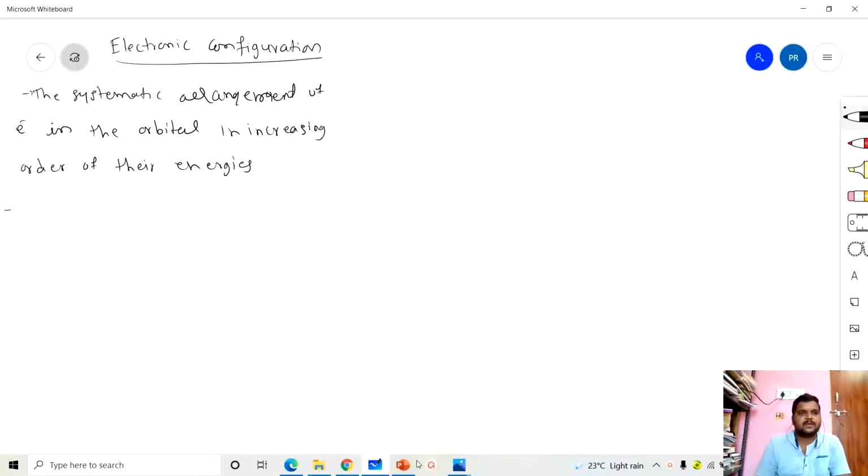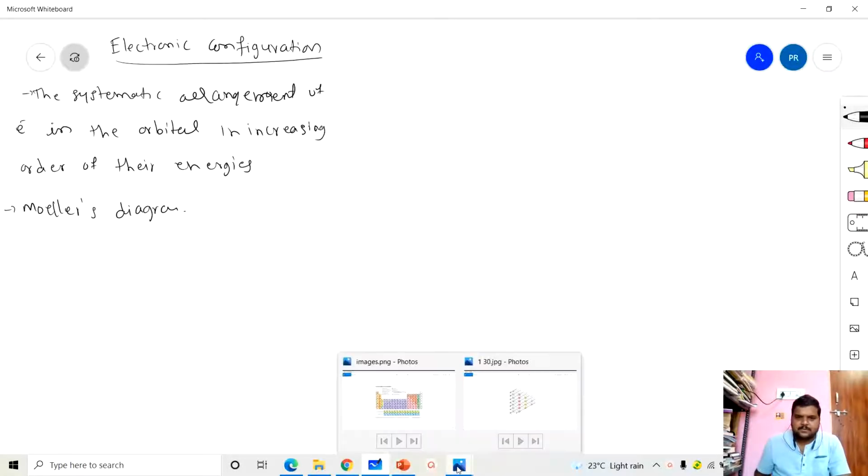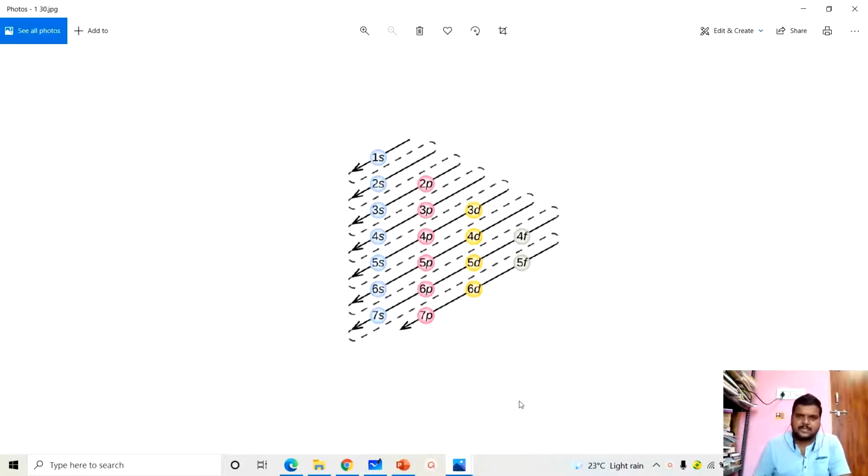How can we explain those energies? For that purpose we have taken Aufbau diagram. See 1s, 2s, 3s, 4s, 5s, 6s, 7s, 2p, 3p, 4p, 5p, 6p, 7p, 3d, 4d, 5d, 6d, 4f, 5f.